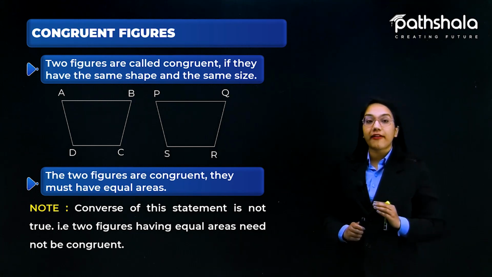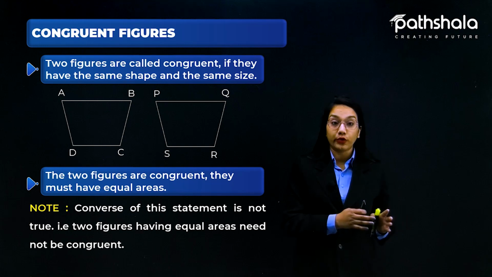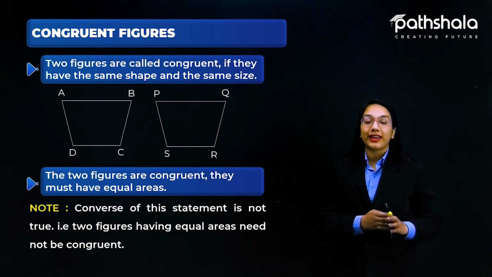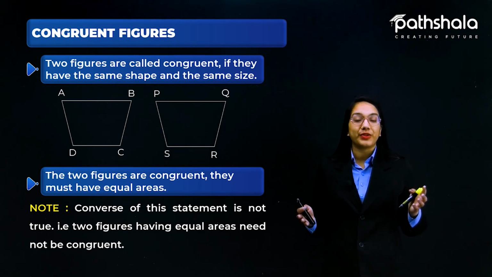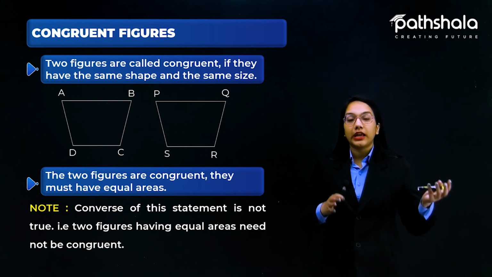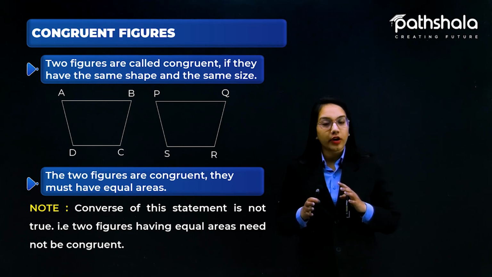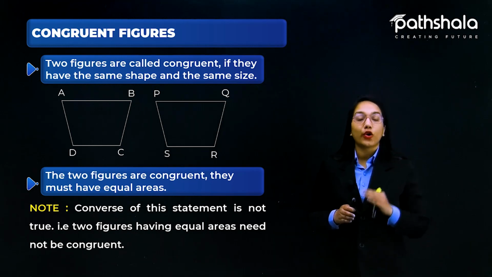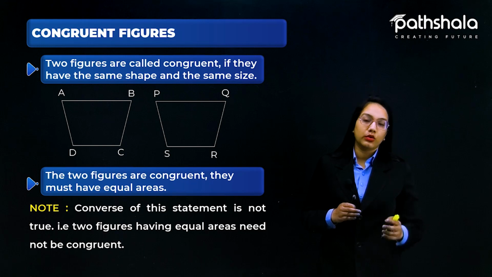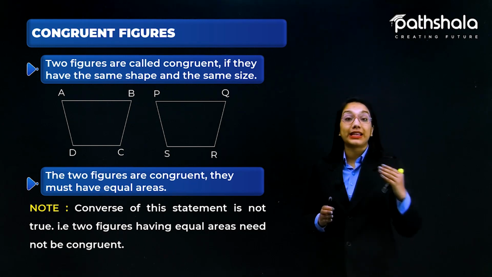That is, two figures having equal areas need not be congruent. For instance, if we take any two squares having the same area, we cannot say that they are congruent to each other. So always remember, congruent figures are those figures that have the same shape and the same size.